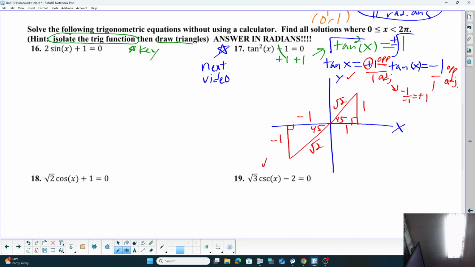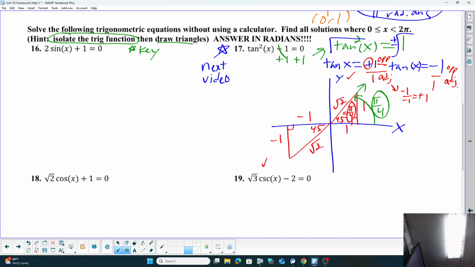Now they want it in radians. One of our answers is pi over 4, which is 45 degrees. You're going to the hypotenuse, the terminal side, where your angle is one of your solutions.